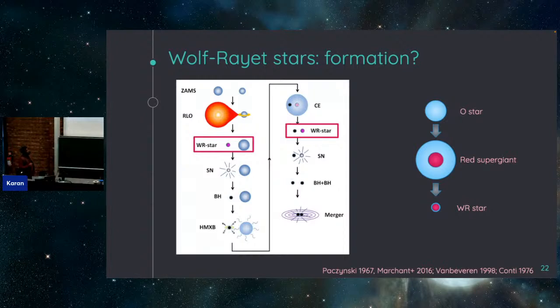So this is an evolutionary channel proposed to produce gravitational wave progenitors. So in the single star scenario, you can have an O star that evolves into a supergiant, so very big, very cool, and through its own mass loss, either smooth or in eruptions, it can shed its outer layers and then appear as a Wolf-Rayet star.